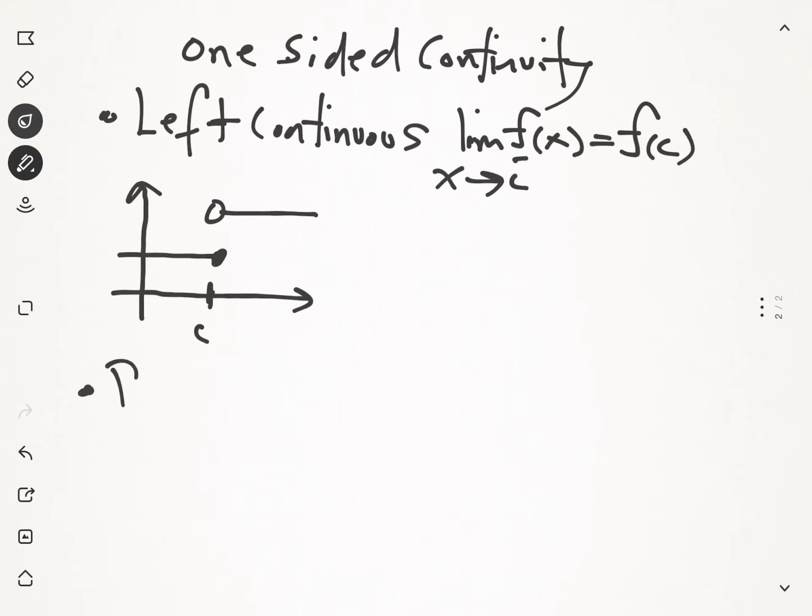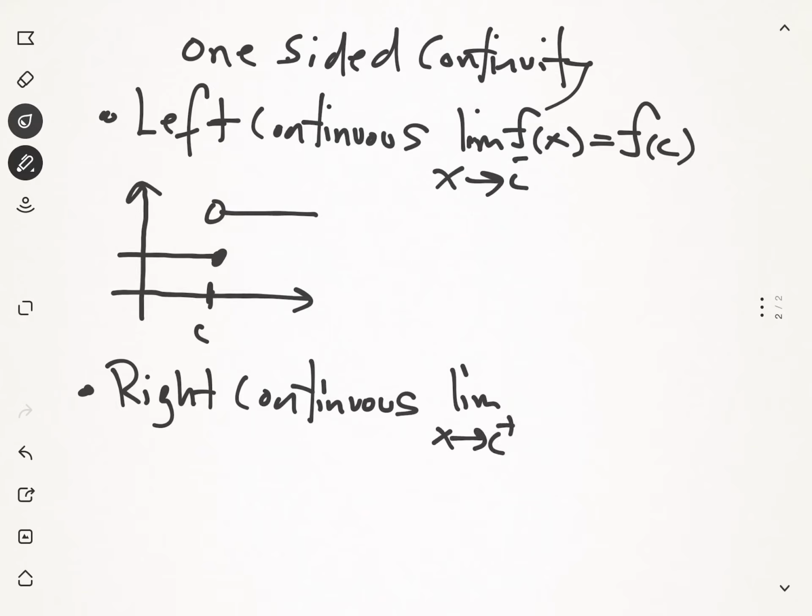So we have left, and then we also have right continuous. And right continuous is defined as the limit as x approaches c from the right of this function equals f of c.